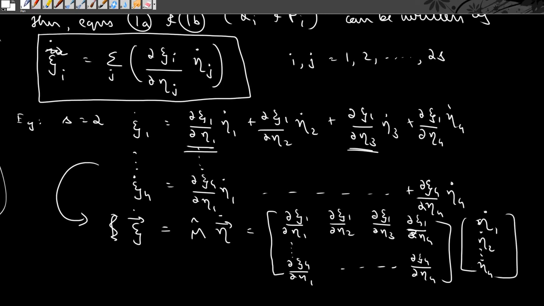And this matrix, which I call m hat, is nothing but what mathematicians call the Jacobian matrix.